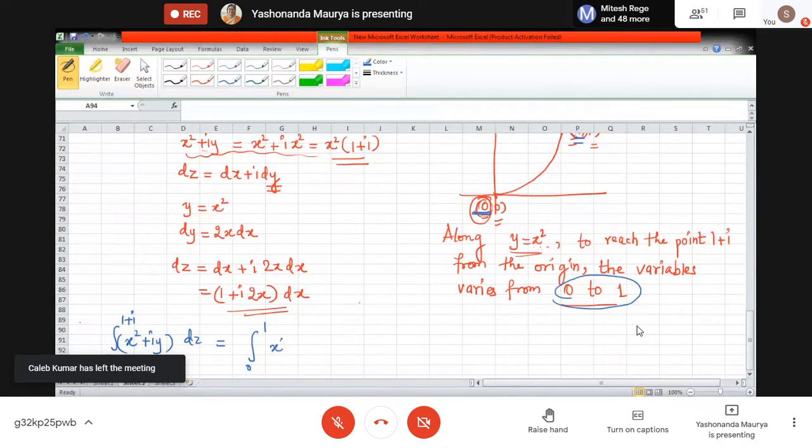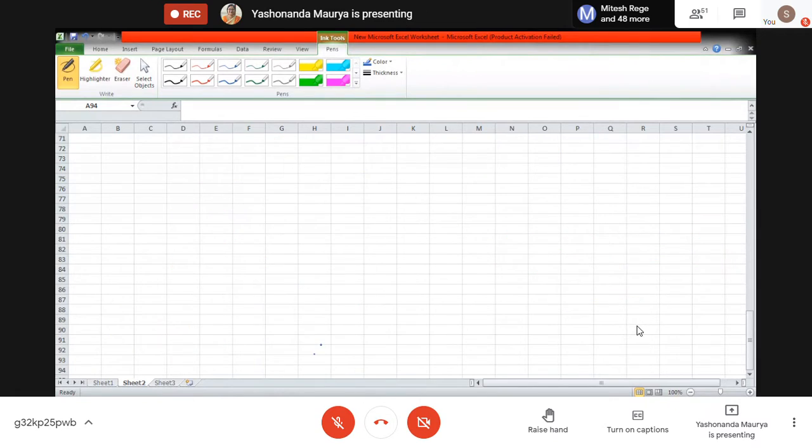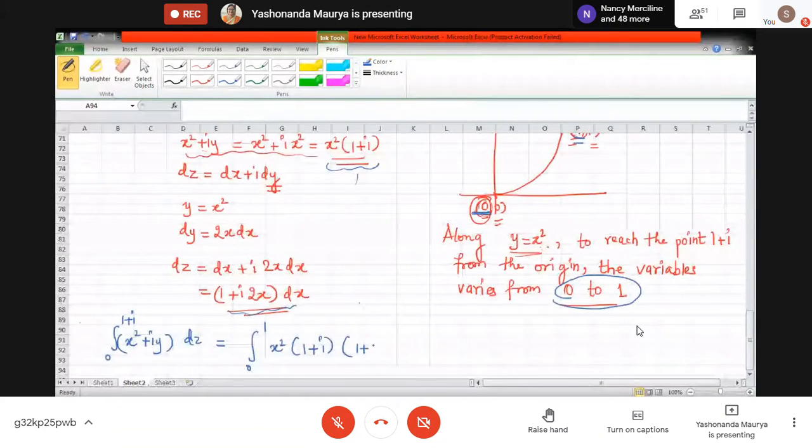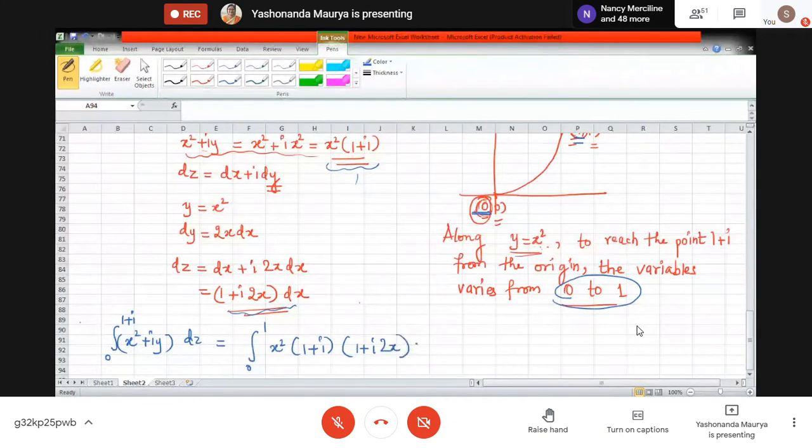Here what we have got is x square, and this expression will come here: 1 plus I into the dx term, which is 1 plus I times 2x. I'm getting a constant, so I'll move it outside. So 1 plus I times the integral from 0 to 1 of x square times 1 plus I times 2x dx.